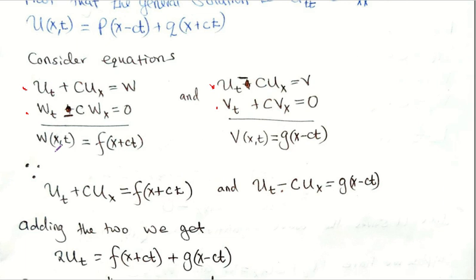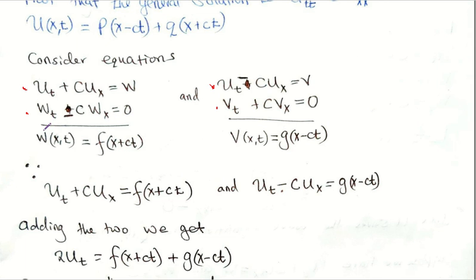And now, the general solution to a transport equation is a function of x plus ct. And now, this second transport equation, if we solve it, we'll get a general solution. The transport equation wt minus c wx is equal to 0.